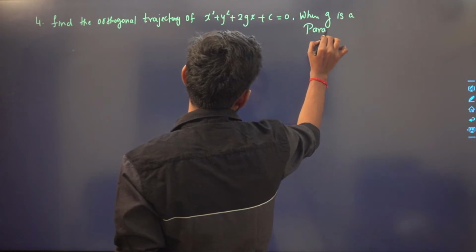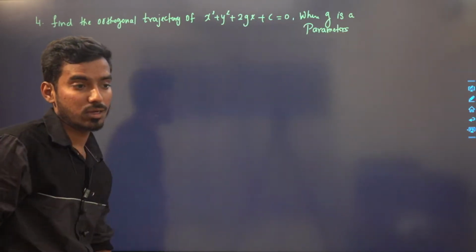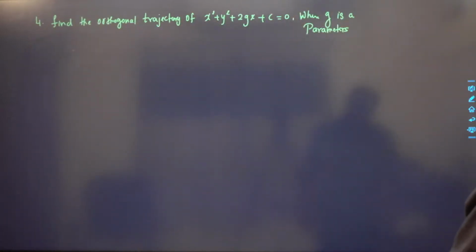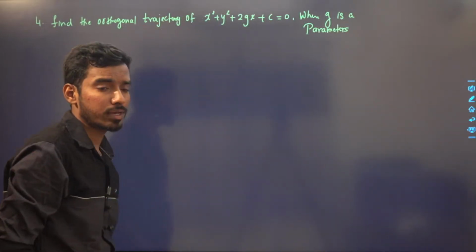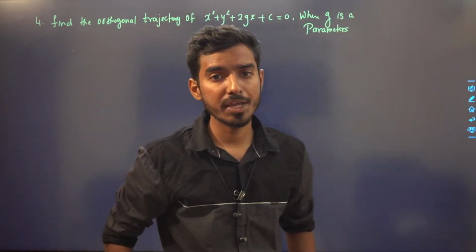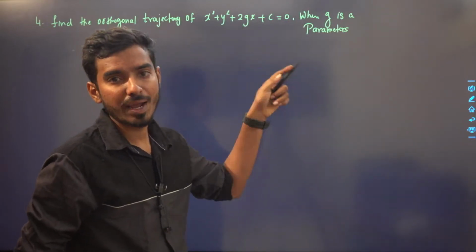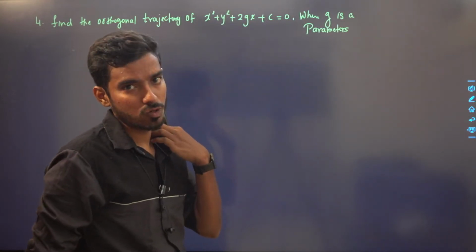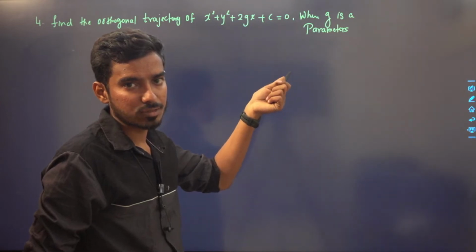See, what is this? This is a family of circles with the center on the x-axis, right? This is the equation of a circle in general form: x square plus y square plus 2gx plus 2fy plus c. But f is missing here, so f is 0. The center is minus g comma minus f, so we will have minus g comma 0 as the center for this circle.